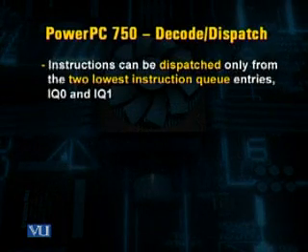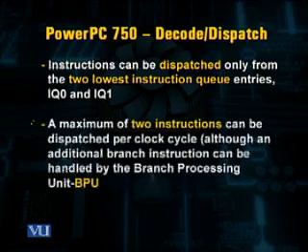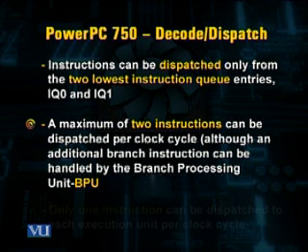Note that here the instructions can be dispatched only from the 2 lowest instruction queue entries, that is the IQ0 and IQ1. Moreover, a maximum of 2 instructions can be dispatched per clock, although an additional branch instruction can be handled by the branch processing unit shown here as BPU, but the maximum number of instructions is 2.